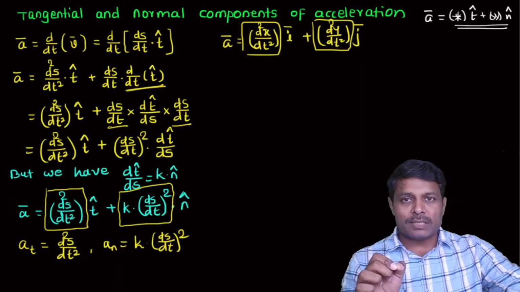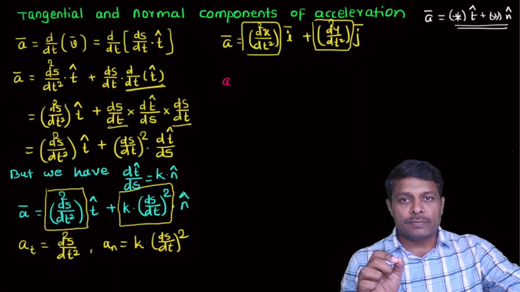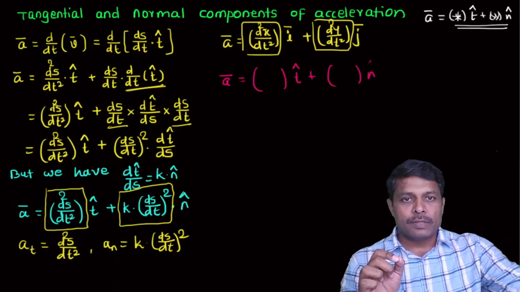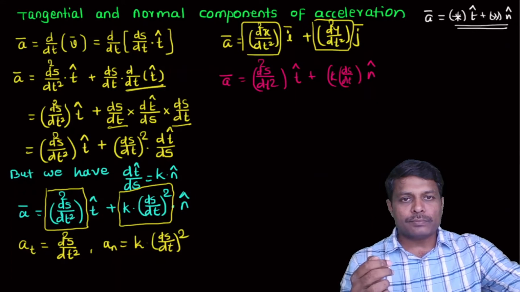The same acceleration, if you write in terms of t cap and n cap, is d2s by dt square, which we have already proved, and k into ds by dt whole square.